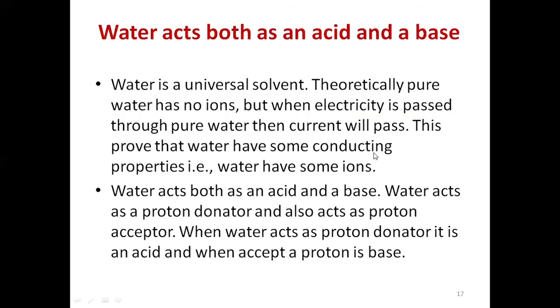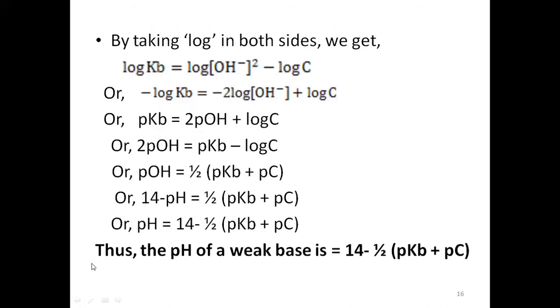Excuse me, sir. Please, go back a slide. 14 minus pH is equal to 1 by 2. If pOH equals, here is 2, and if 2 is transferred to the right hand side, then it will be divided by pKb plus pC, where minus log C equals pC.